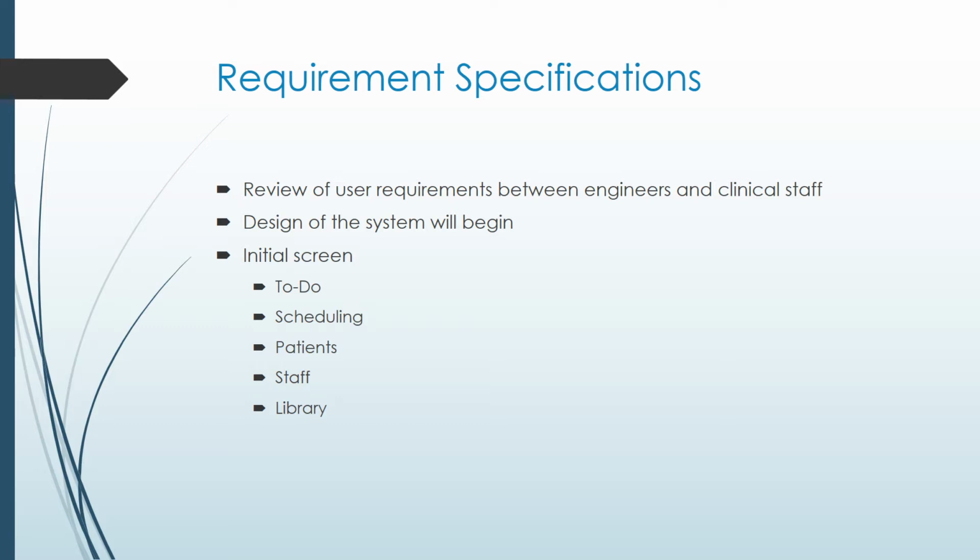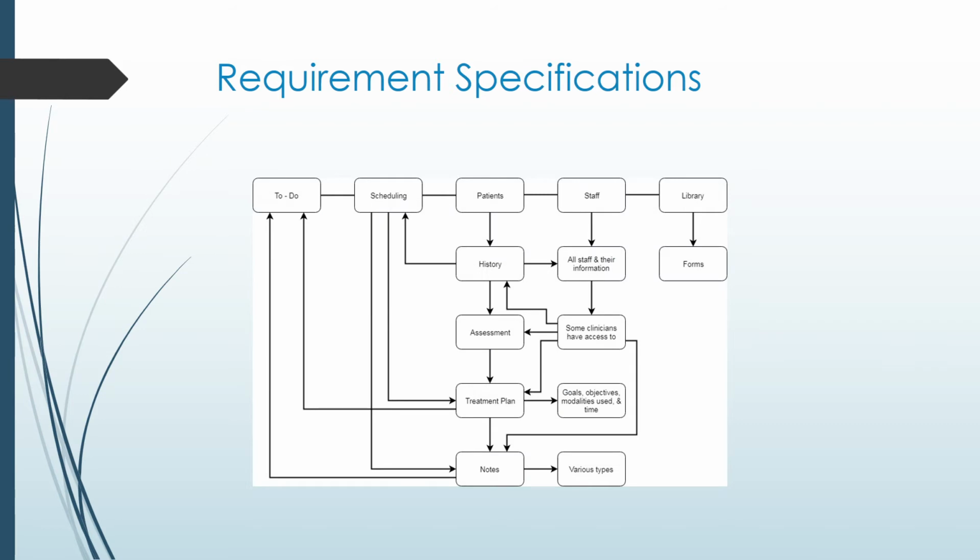I'll go into more detail on the next page, but that would be the initial screen a user would see. As you can see from this diagram, you have your main pages up top, and you can see how they interact with these sub pages.